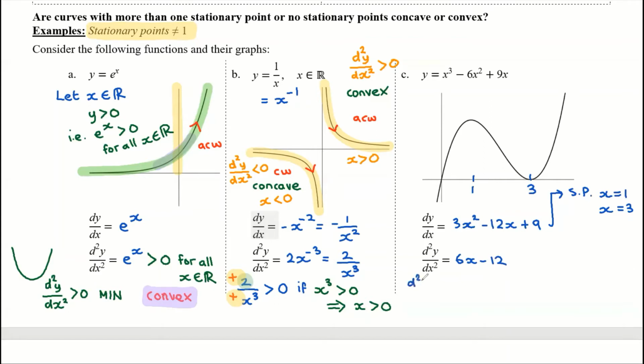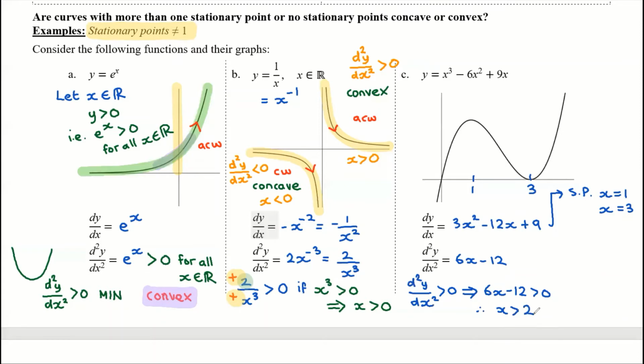So when we have d2y by dx squared greater than 0, that means that 6x subtract 12 would have to be greater than 0. So that means we've got a range of values of x for which d2y by dx squared is positive, i.e. when the curve is convex. Okay? So therefore, x would have to be greater than 12 over 6, which is 2.